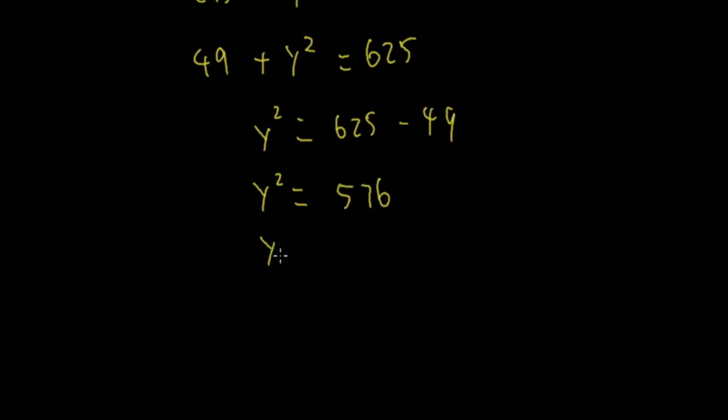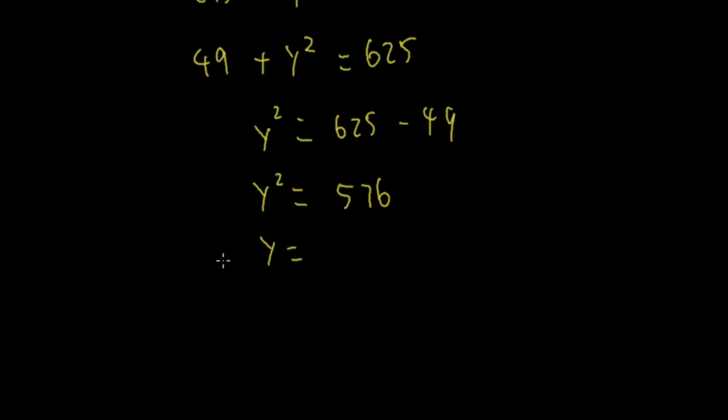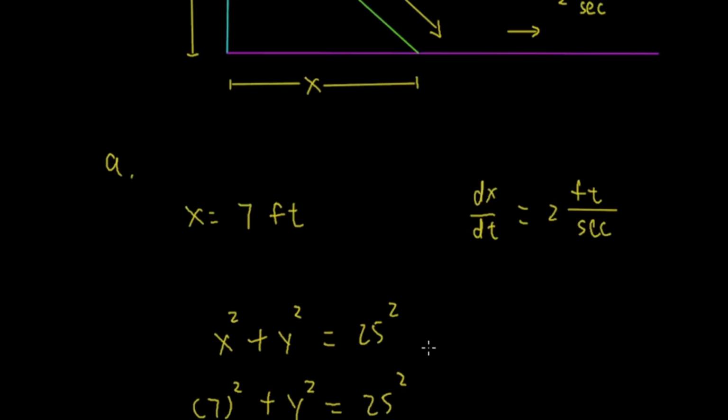Now take the square root of both sides. We take a positive number because the length of y cannot be negative. The square root of 576 is 24. So y is 24 feet long when x is equal to 7 feet.